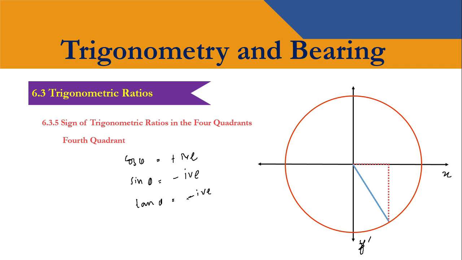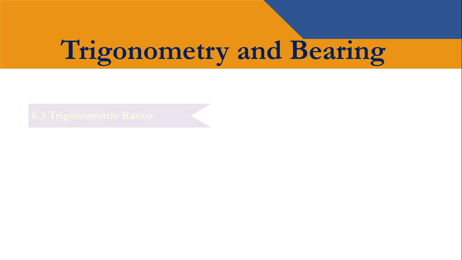So if one of them is negative, tan theta is negative. The reciprocal of cos theta is positive, so secant theta is also positive here, cosecant theta is negative here, and cot theta is also negative in the fourth quadrant.